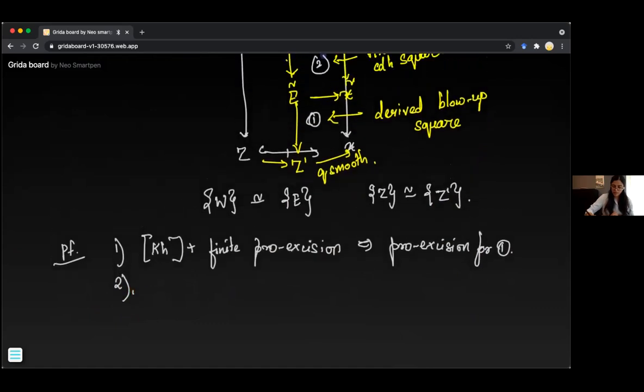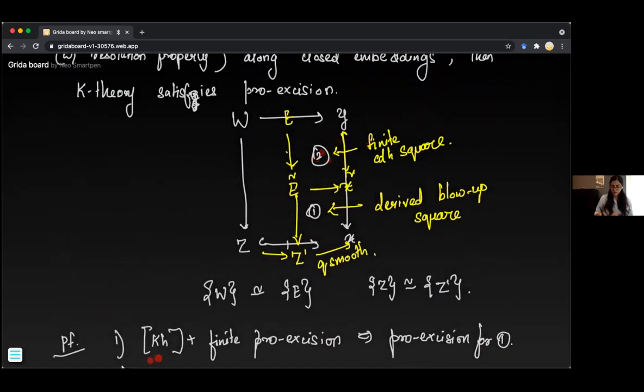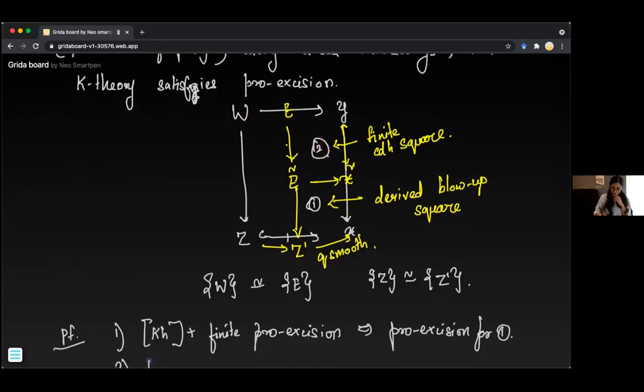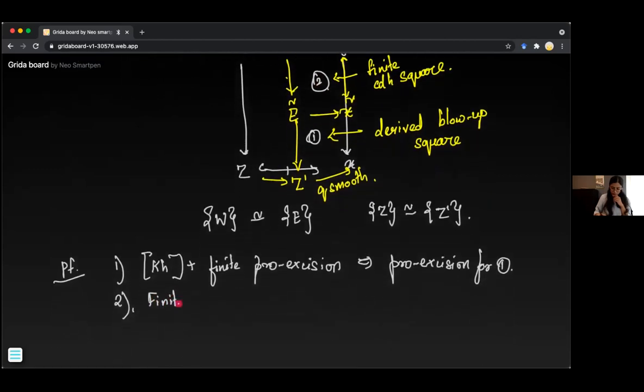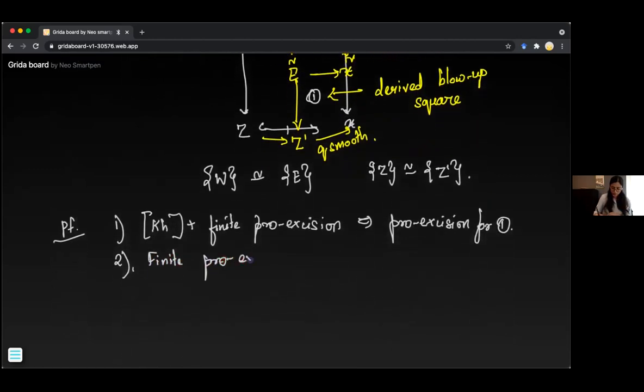And we already have pro-excision for these finite cdh squares. So finite pro-excision implies this, and the fact that these formal stacks are isomorphic would imply that their K-theories are also isomorphic or pro-equivalent. So this would prove the proposition.